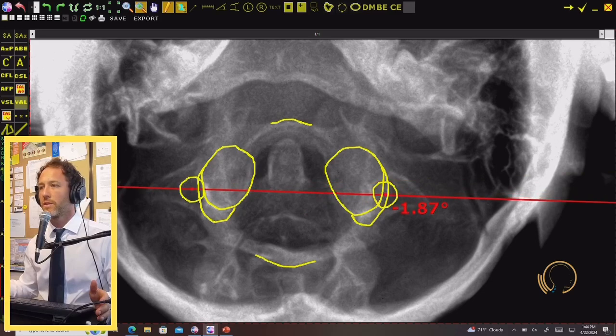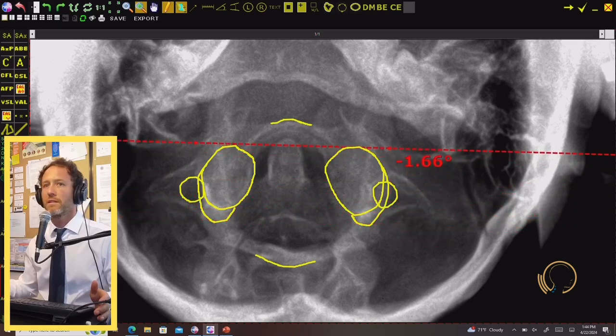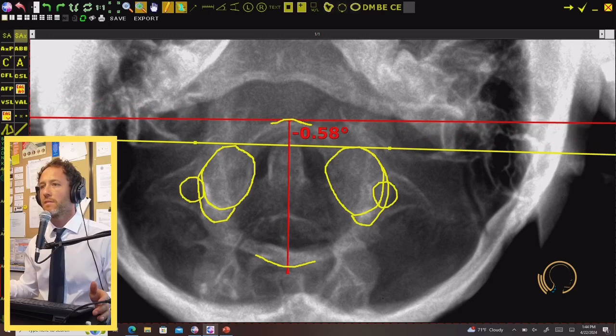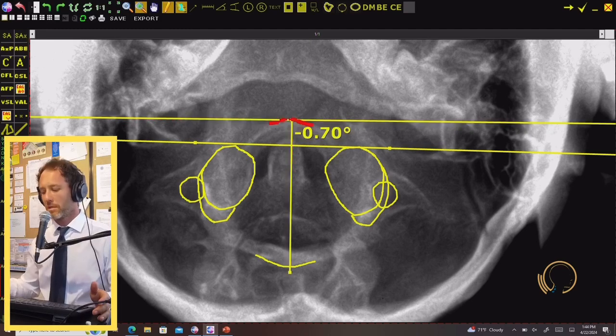But if we start with the transverse foramen, I'm in the middle of both of those. We can start kind of scrolling up and down and seeing if anybody stands out wildly. And then in terms of the neural canal measurement, might be a little bit off on my drawing there.